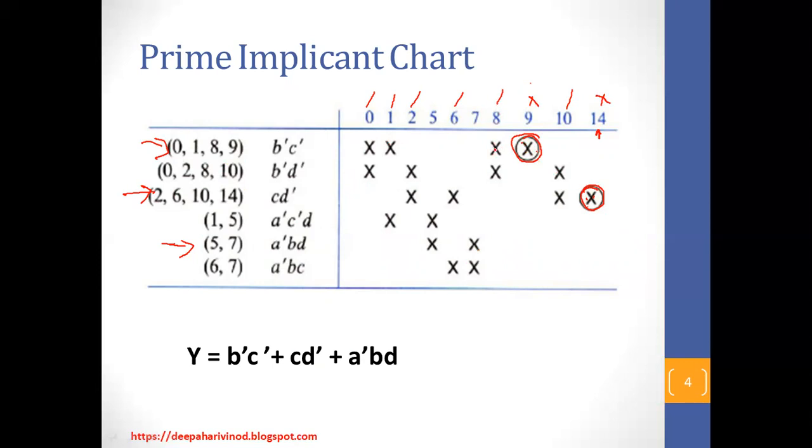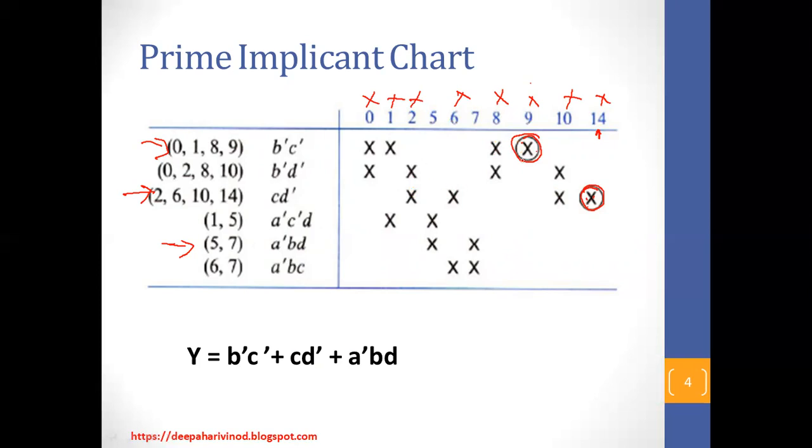For the rest, see here you have a check mark. So these min terms get covered in this, and this is covered, this is covered. Now in this case, 10 is covered and 6 is covered, 2 is covered, isn't it? So these many min terms are covered.